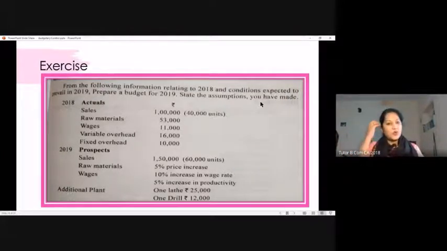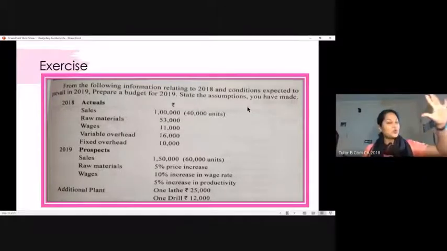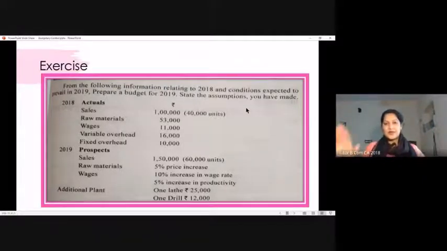Here, it is more or less like the receipts and payments concept, right? So here, from the following information relating to 2018 and conditions expected to prevail in 2019, prepare a budget for 2019. So we have 2018 figures with us. We are asked to incorporate the changes and prepare a budget for 2019.